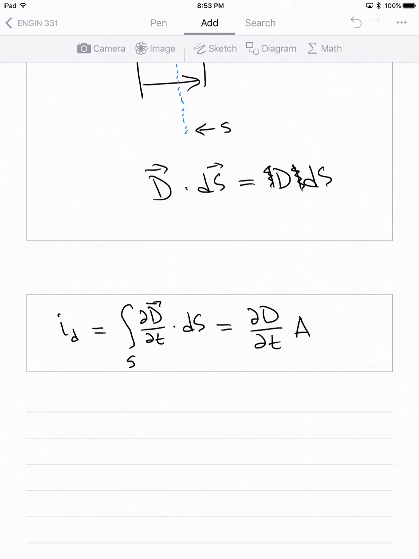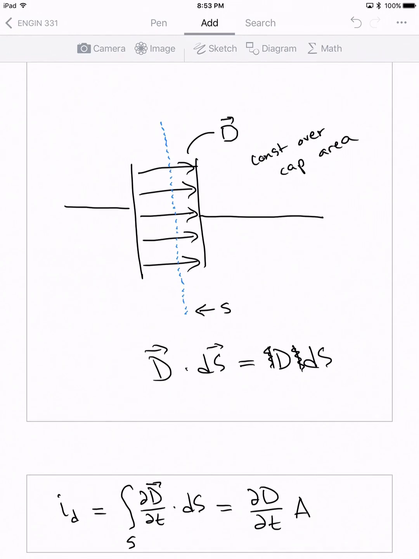But what exactly is D? We never actually worked that out. Luckily, we know a lot about capacitors. So let's go back up to here. Remember that inside the capacitor, there's probably a dielectric, and the relationship between the electric flux density and the electric field is that D is equal to epsilon E. So we have that.